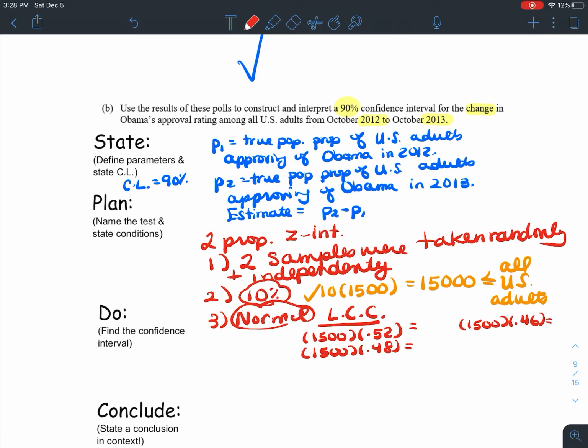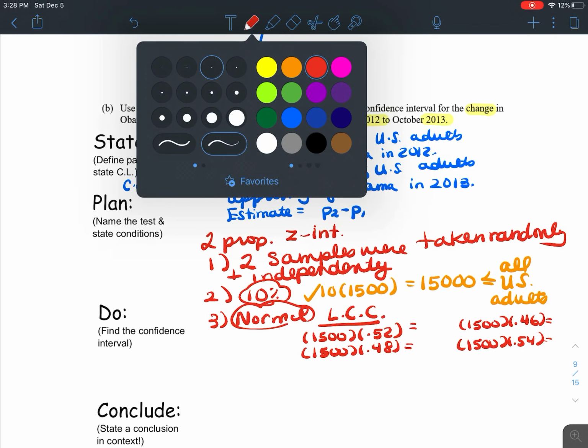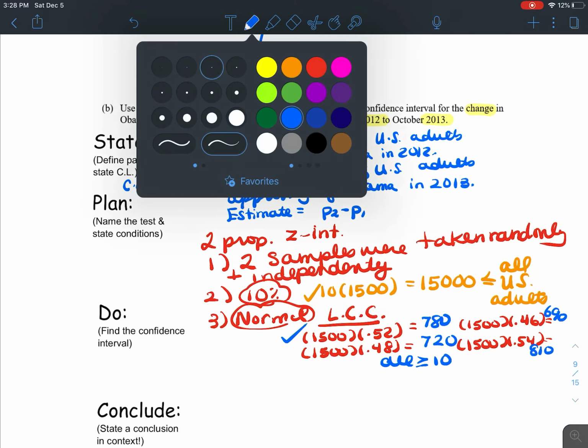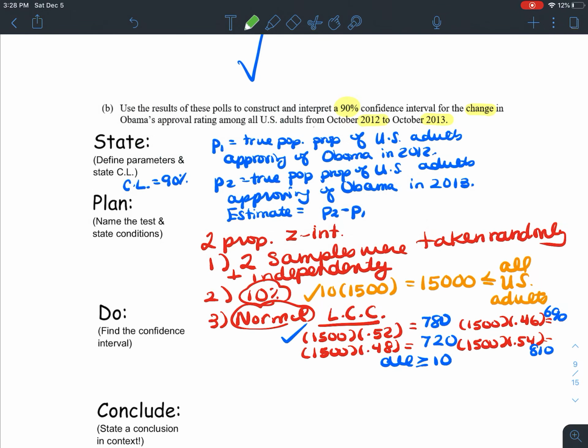And then for 2013, N times P, N times 1 minus P. These numbers are 780 and 720 and 690 and 810. I'm going to say all are greater than or equal to 10, so we get to check off the normal condition. Now for the do step, this is where you would go to your calculator.